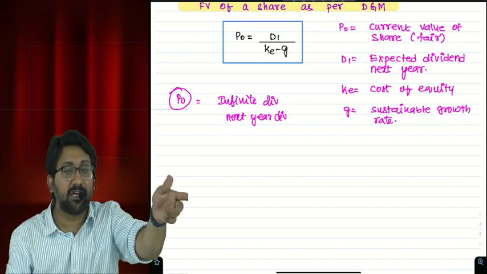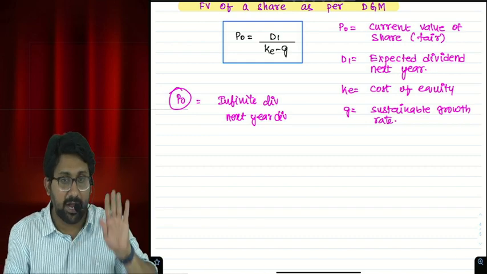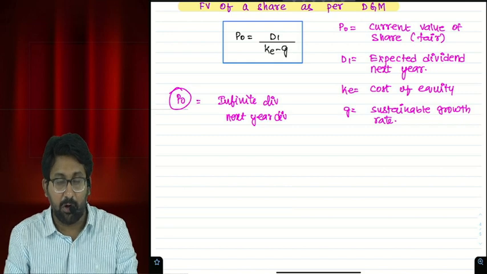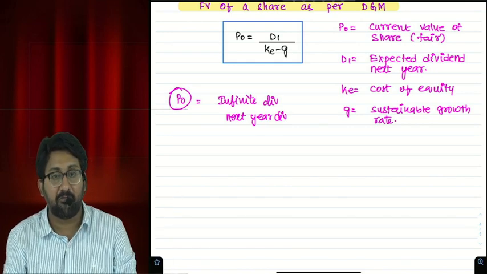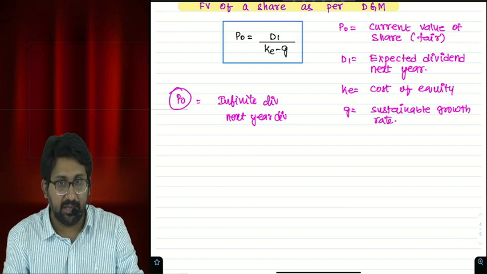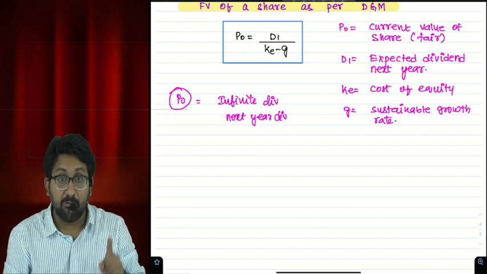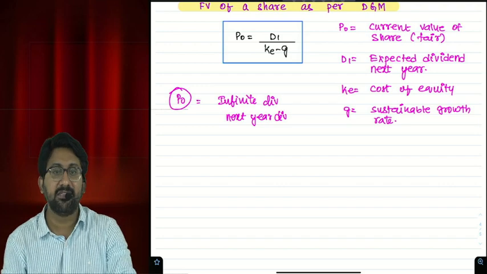Our price is dependent on the very next year dividend, D1, but not on infinite dividends. You should not think the formula has infinite dividends inside it.